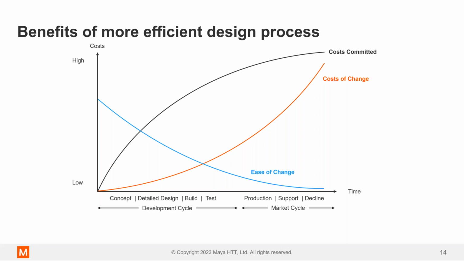The cost of change starts to increase, especially as you get closer to the end, and the ease of change gets a lot harder, basically. So what you're looking to do is find ways to shift things to the left on that curve.